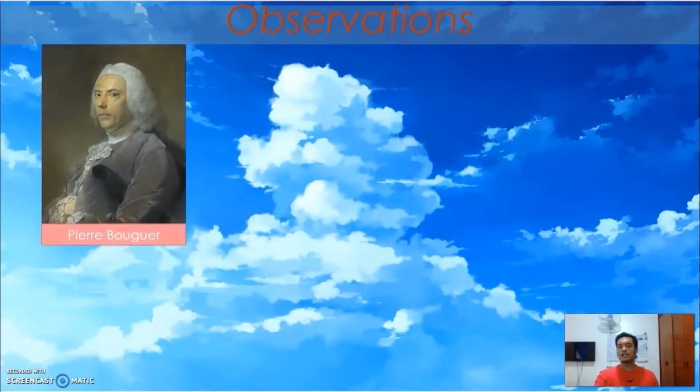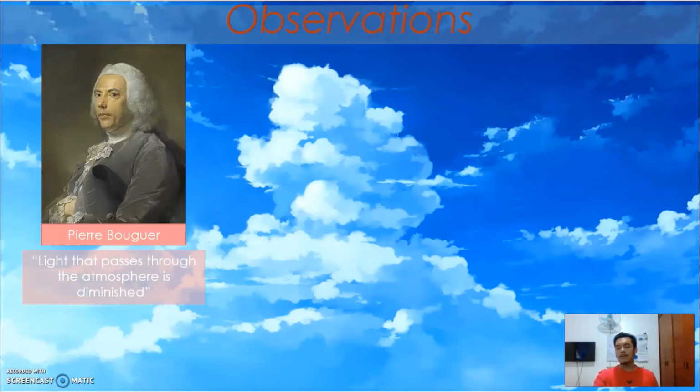Well, let me introduce you to three scientists who had observations that relate to all of these variables. Number one is Pierre Bouguer, and his observation was that light that passes through the atmosphere is diminished. He was an astronomer.